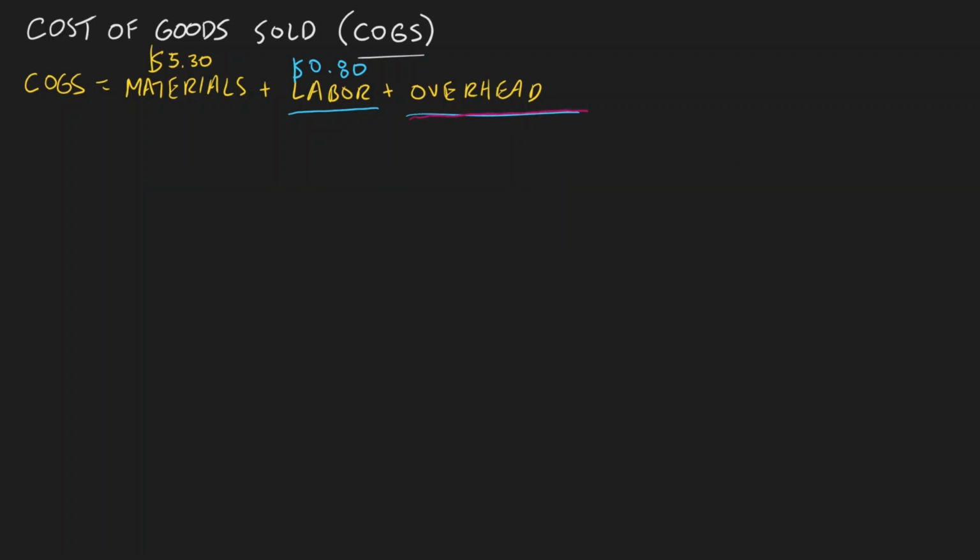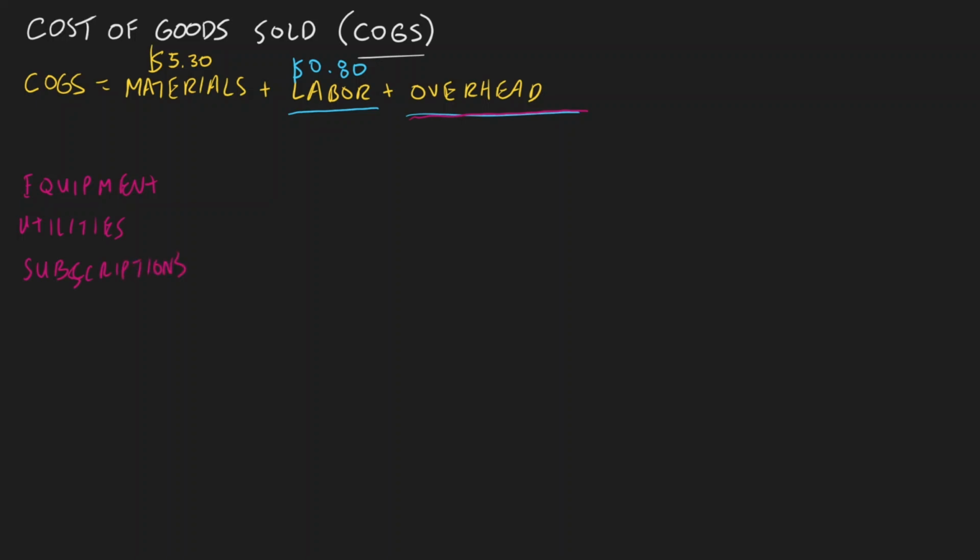Okay, so overhead is a bit of a strange beast because overhead includes so many different things. Overhead is equipment. Overhead can be utilities. Overhead could be subscriptions to services.